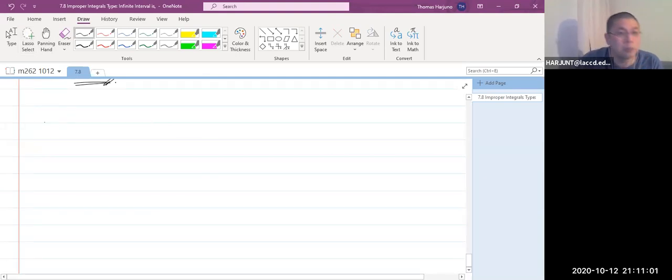This one, the P integral. Integral from 1 to infinity of 1 over x to the P dx.